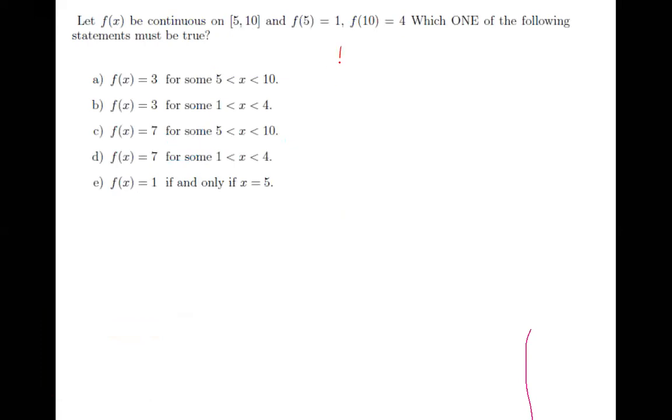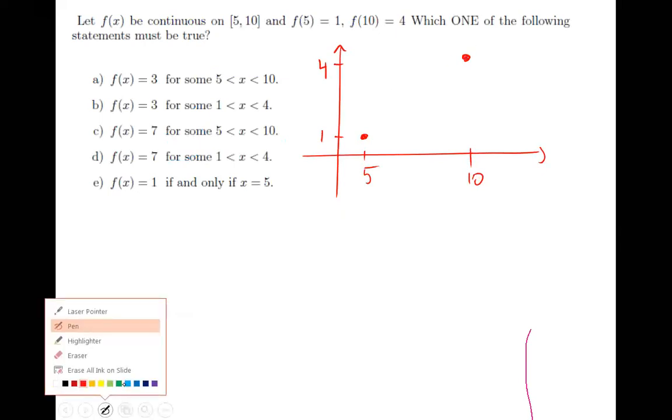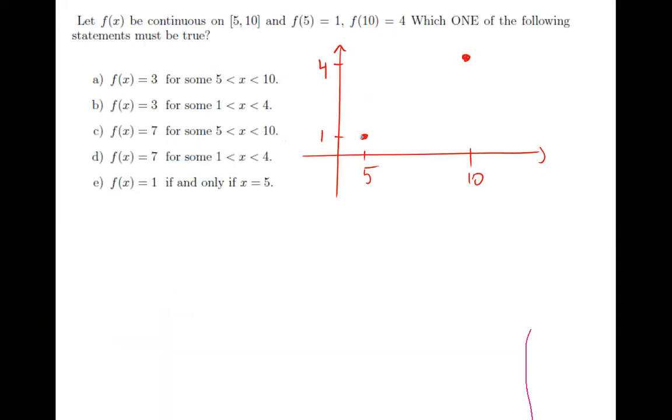Okay, that means I'm assuming, since they're telling me that the function is continuous from 5 to 10, the value for 5 is 1, value for 10 is 4. Okay, that means I can draw something, maybe something like that. It's a continuous function.